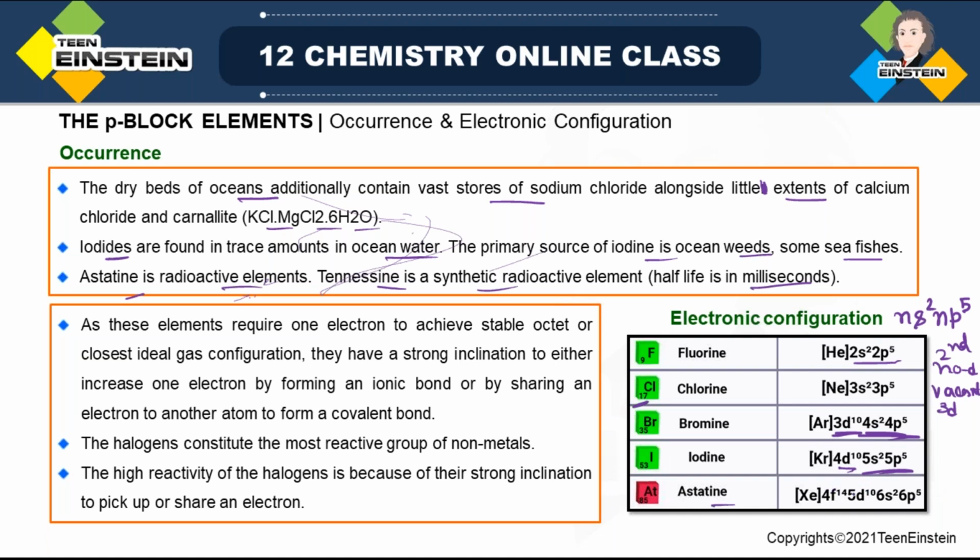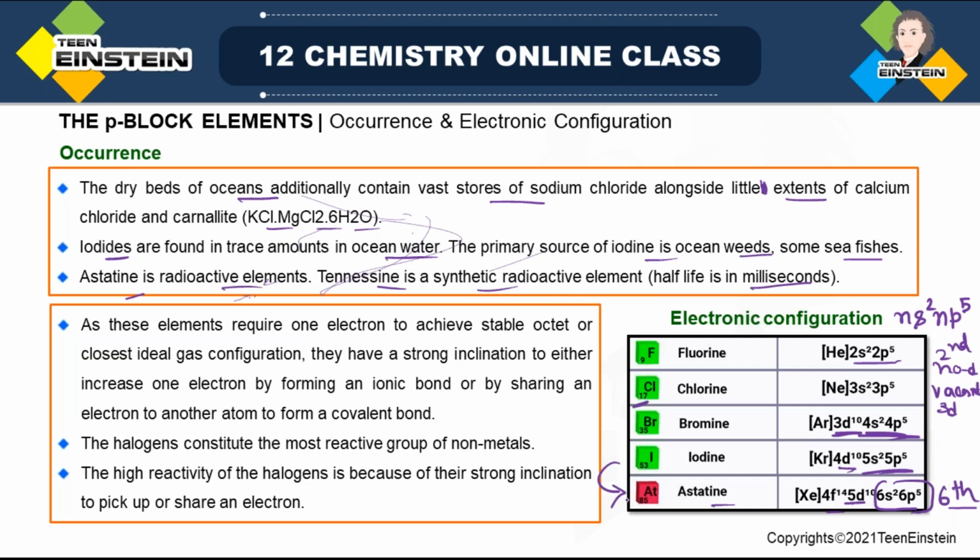And in the case of astatine, which is from the 6th period, this part is common, ns2 np5, but we have not just d electrons, we also have 14 f electrons, because this is from the 6th period. And before that, there are all the lanthanide elements, so that is why 14 f electrons are already present. So as there are f electrons present, when you are moving from iodine to astatine, there are additional f electrons.